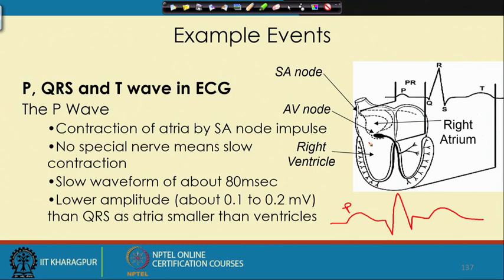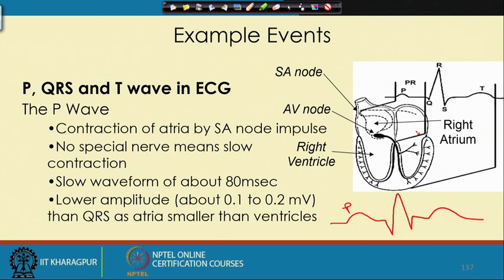The SA node is the lead in this, but there are more cells or nodes nearby which also help the SA node to strengthen that signal. As soon as the SA node gives a signal, which acts as a stimulus to the muscles, the upper two chambers, or atriums, start the contraction.